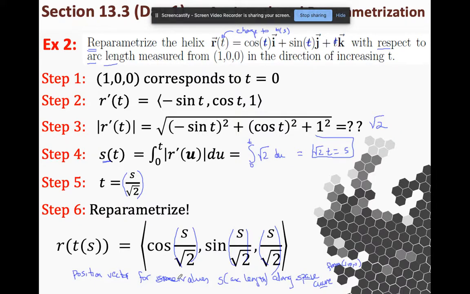Woohoo! Reparametrization. I gotta practice saying that word.